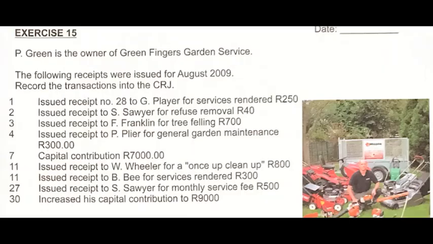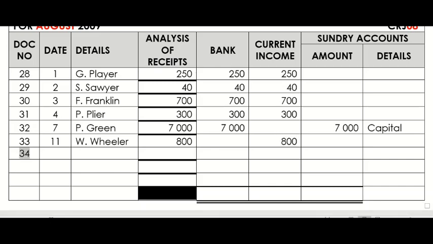And then the next receipt on the 11th said issued a receipt to BB for services rendered, 300 Rand. It will be the next receipt number, number 34. Don't have to write an 11 again because we're still on the 11th. The customer was BB. It was worth 300 Rand, and now you can cash up your till. You can add these 2 values together. That's in your till.